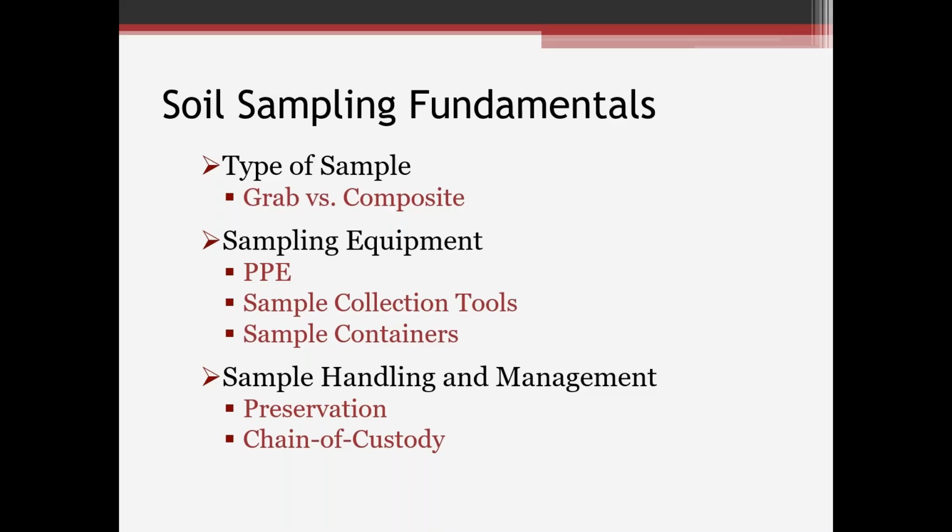And then going into those collection tools, selecting appropriate tools: things that are either disposable sampling tools, one-time use, where you collect your sample, dispose of it, and you're good to go, or something that you can decontaminate easily, so you don't have that cross contamination from the tool. Different things you can use if you're doing manual hand sampling are shovels, trowels, hand augers.